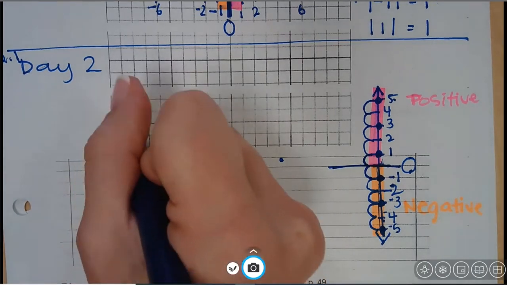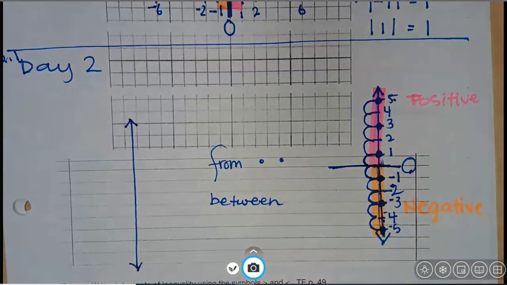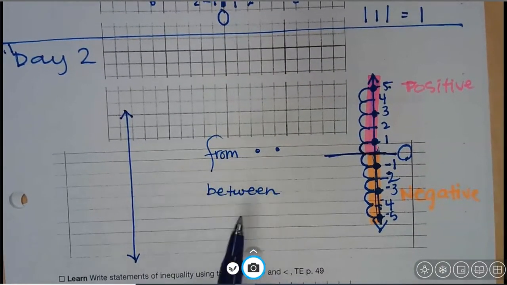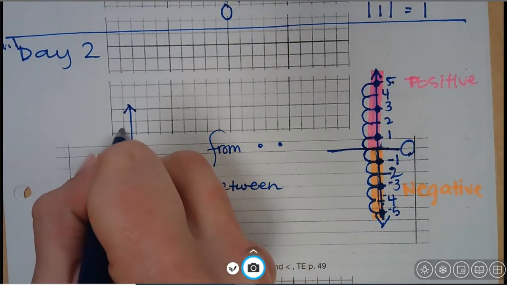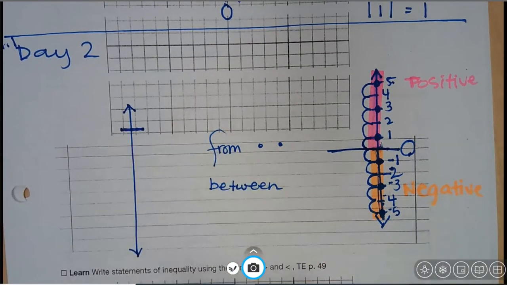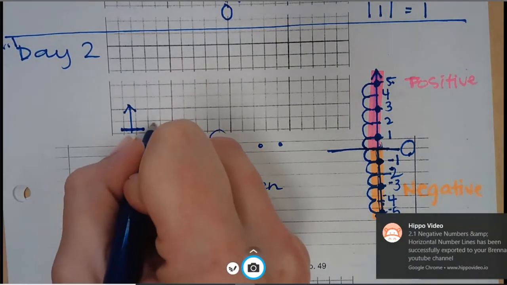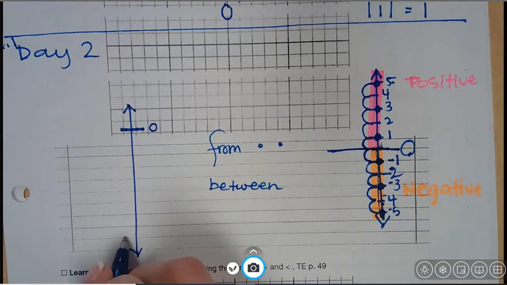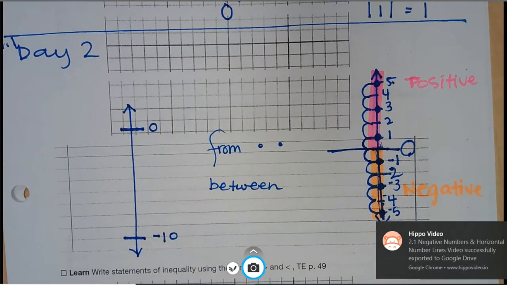Okay, so if I was going to draw another negative number line, and I said it's going to be negative numbers between 0 and -10, but only even numbers.